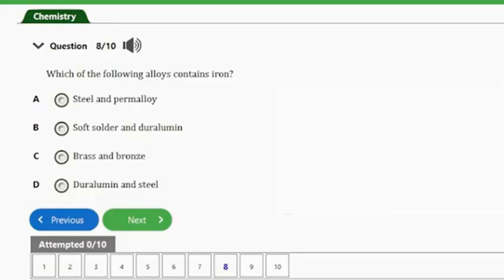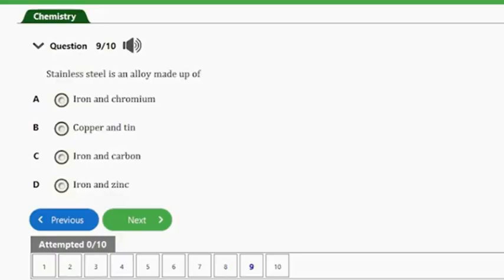The answer to this question is option A, and that's steel and permalloy. Steel and permalloy contain iron. Steels contain iron and carbon, whereas permalloy contains iron and nickel. So these two have a mixture of iron. That's the answer to this question. Let's consider the next question.